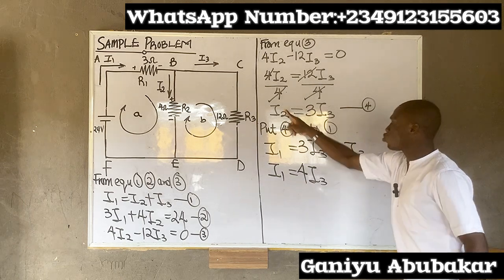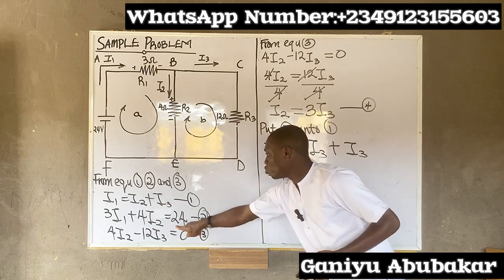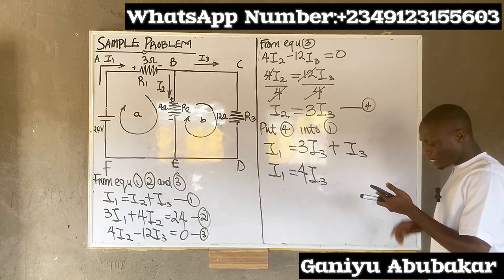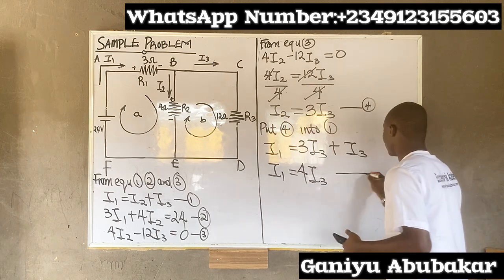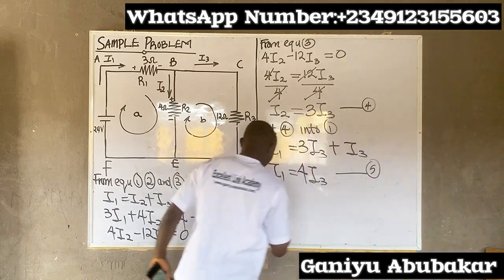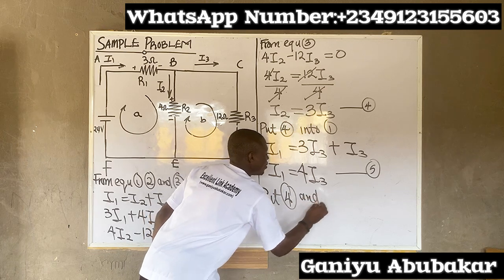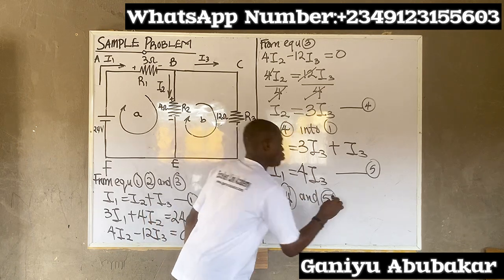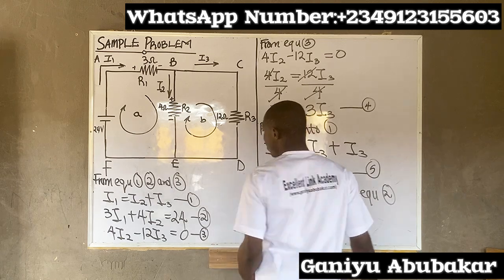I'll now put I2 and I1 into equation 2 to get I3. Let me call this equation 5. So I'll put 4 and 5 into equation 2. What do I have here?